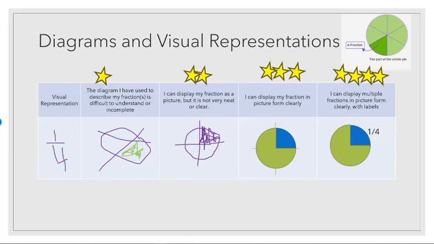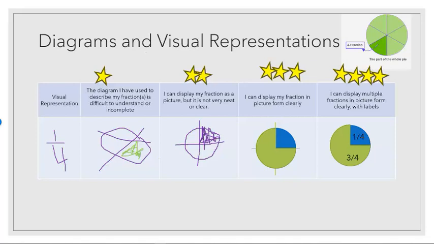You might even go to the extent of labelling this one over here with 3/4, because the green represents 3/4 and that represents 1/4, like so. So the whole is 4/4. And you have done that a number of times.